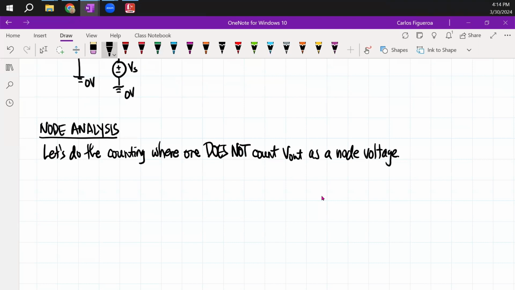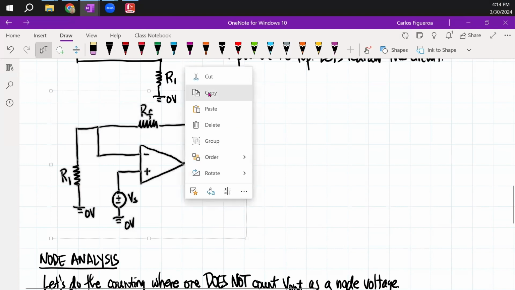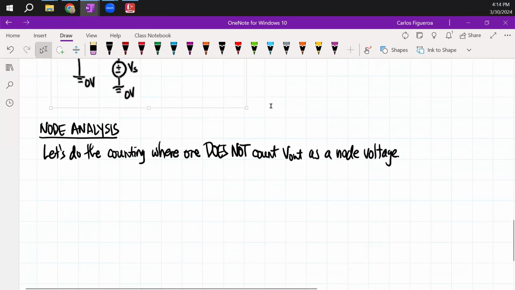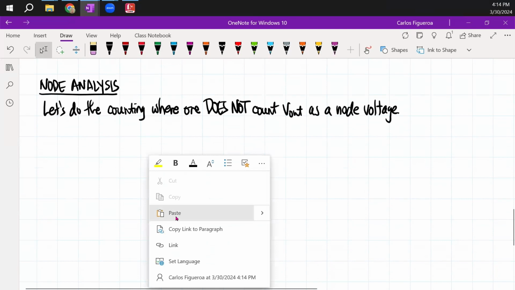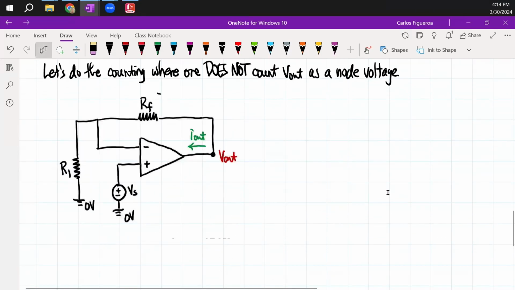That's the value of the source. So I'm going to come back and copy this so that I could bring it down with me. If I paste this in, here's my circuit. So I'm going to start labeling my nodes. The first node, let's say that this is V1 right here.